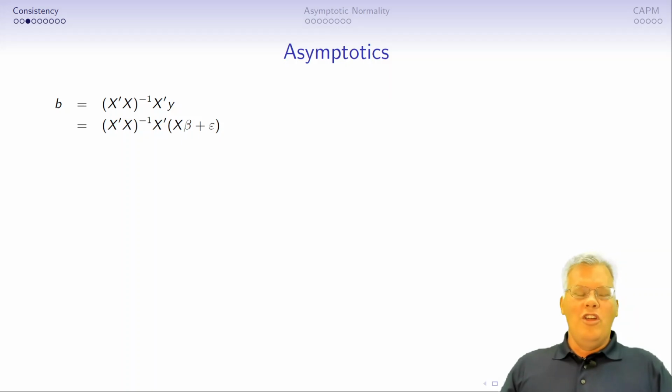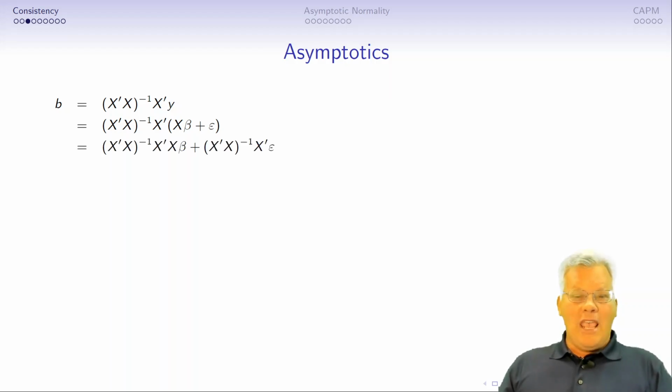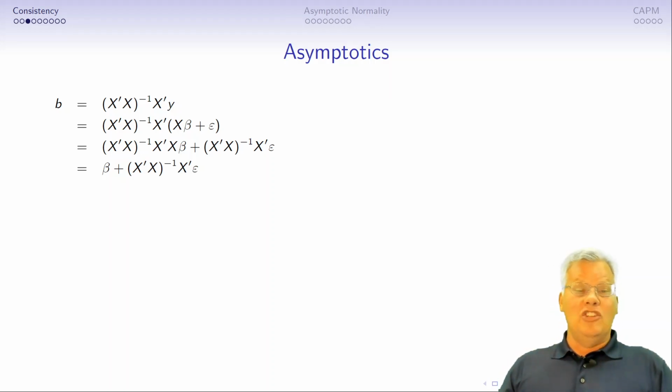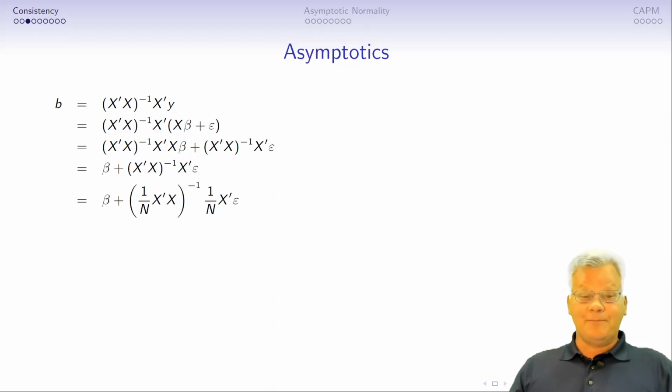As before, we do that by first substituting in the definition of y, breaking the parentheses, and then you notice in the first term on the left we have x prime x inverse x prime x. So we're multiplying x prime x by its inverse, which gives us the identity matrix. So this simplifies ultimately into beta plus the leftover or junk term, x prime x quantity inverse x prime epsilon.